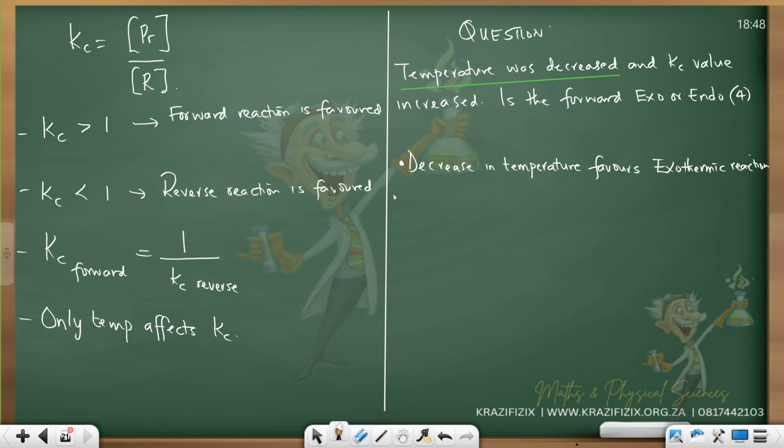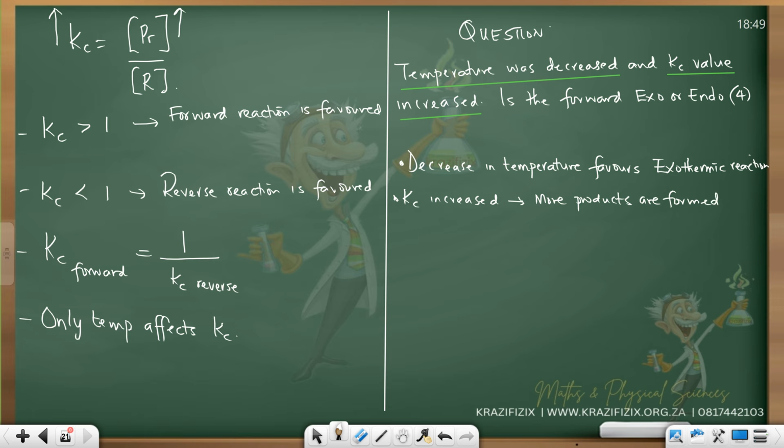Number 2, we go to the next point. Kc value increased. Look, come back to your Kc. For this one to increase, more product has been formed. So I'll say Kc value increased implies that more products are formed.